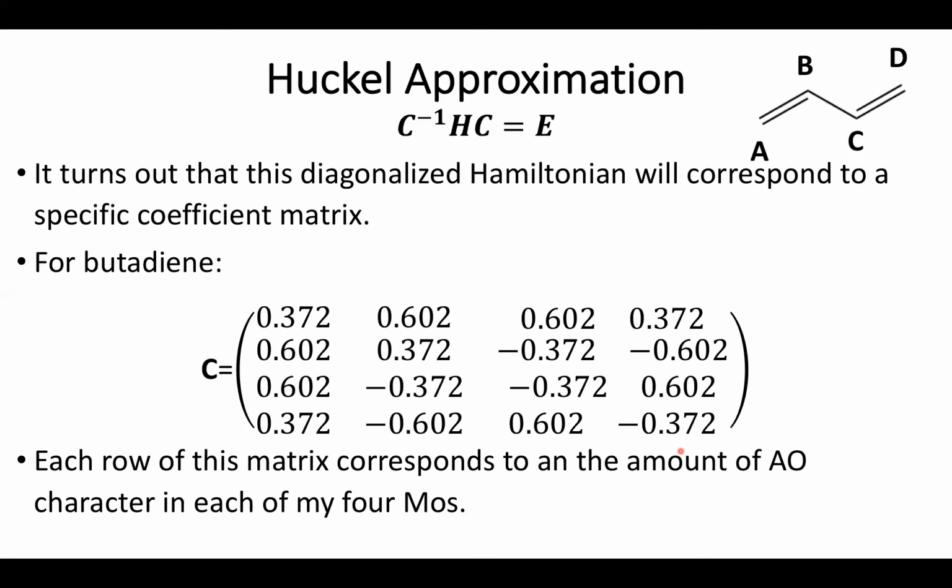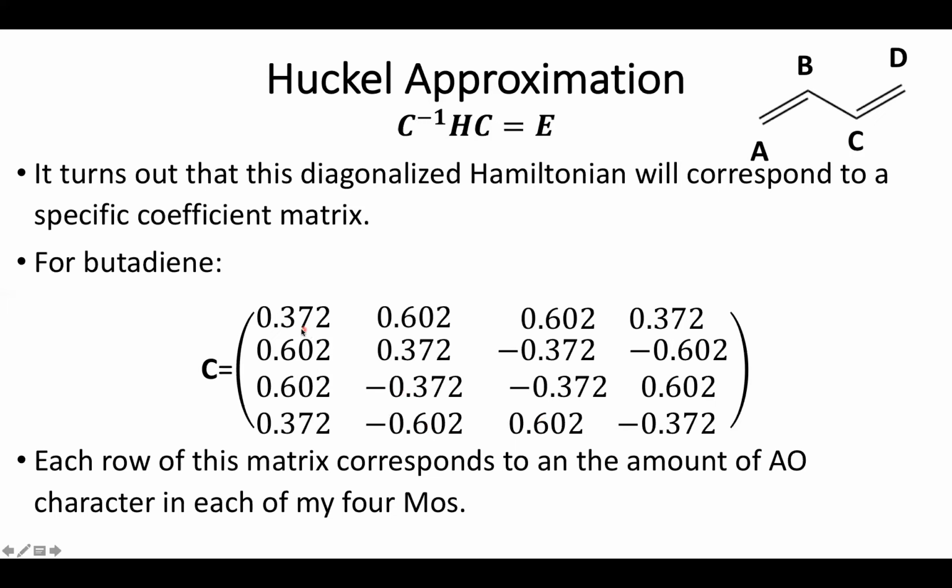Each row of this matrix corresponds to the amount of atomic orbital character in each of my 4 MOs. Sorry, each column of the matrix corresponds to each of my 4 MOs.